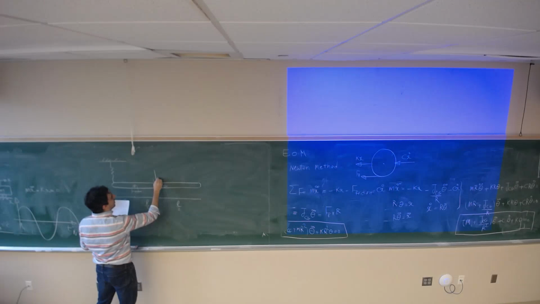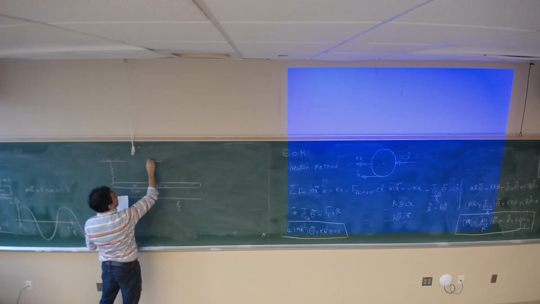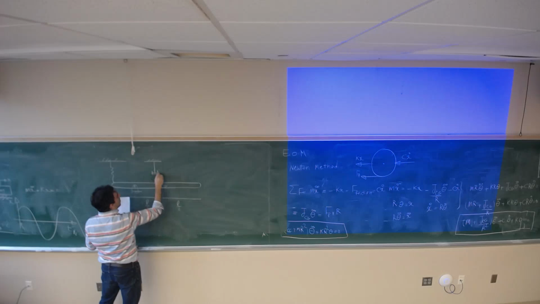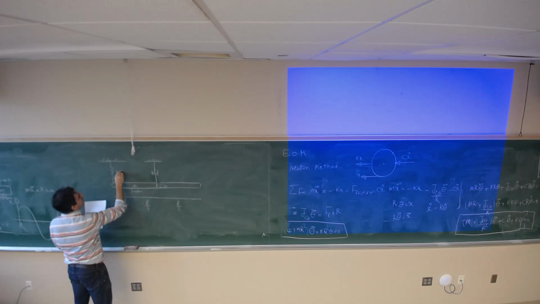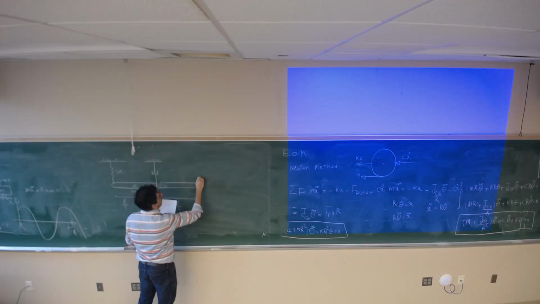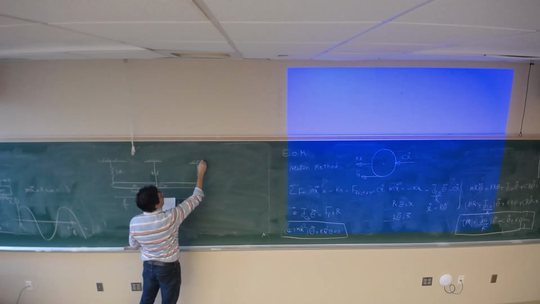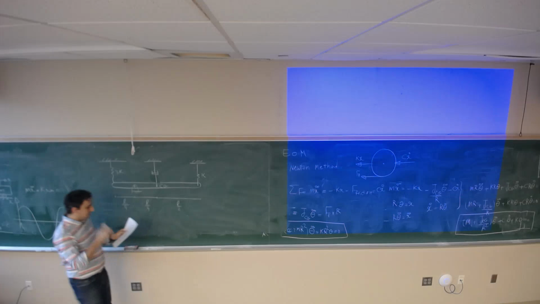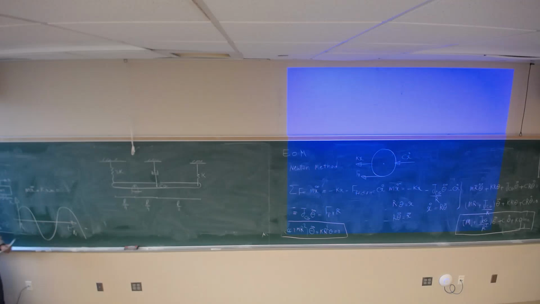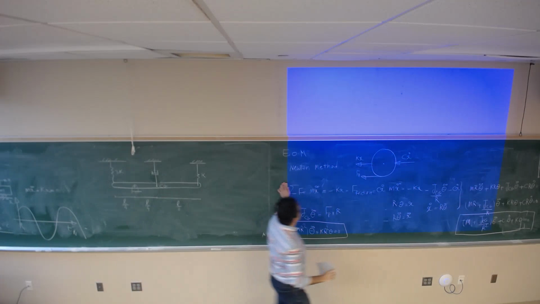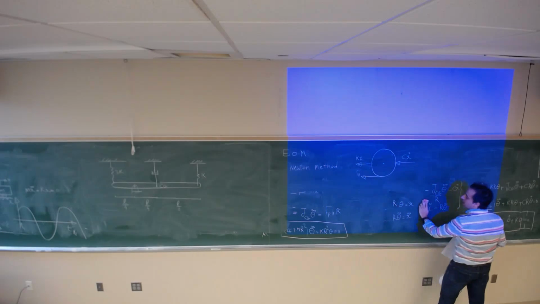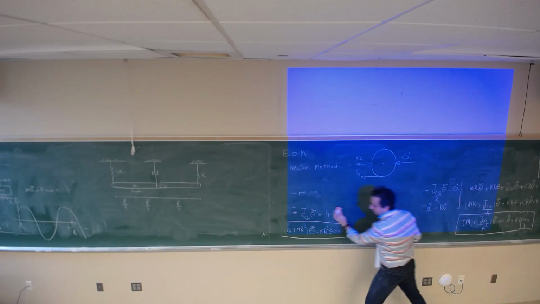And here we had damping connected to this. This spring was 3K. This is a K. So we were asked to find the natural frequency of the system. To find the natural frequency of the system, I have to find the equation of motion first.